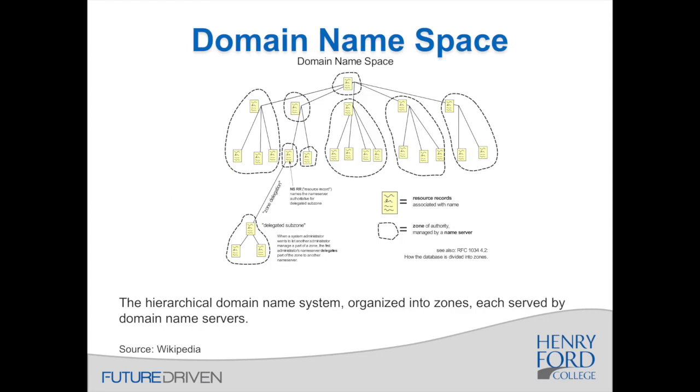Here's a slide that shows that, and you see the top-level domain here, and that authority is the root name authority. Then branching down from that, we have other layers of authority that branch down further and further and so on. This is the top of the internet.